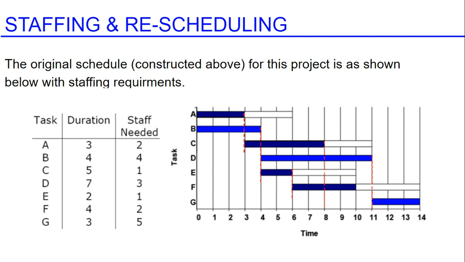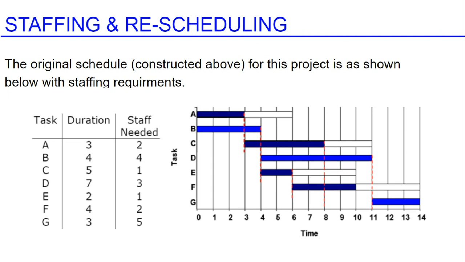Okay, so you can see for task A, our duration is going to be up to time 3, and then our staff needed would be 2. For task B, our duration is up to time 4, and our staff needed would be 4.